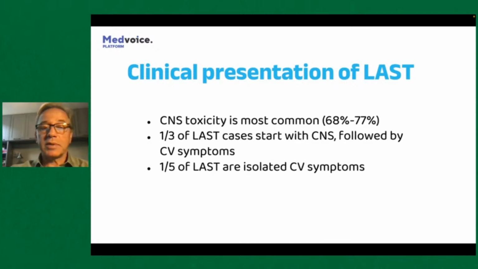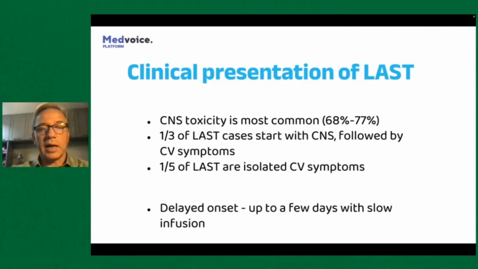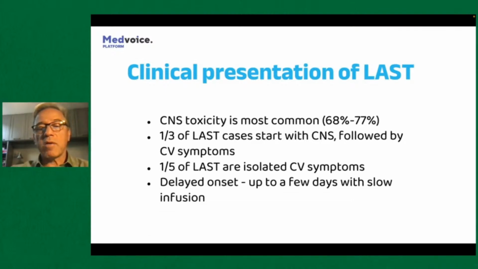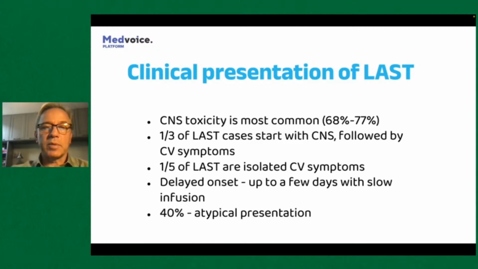About 20% have isolated cardiovascular symptoms only, so you will not have any pre-warning in terms of CNS toxicity, and it goes straight into cardiovascular collapse. Delayed onset is known with infusion of local anesthetic over a few days, and in about 40% the presentation is atypical.